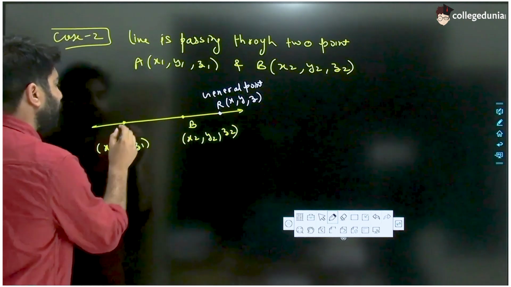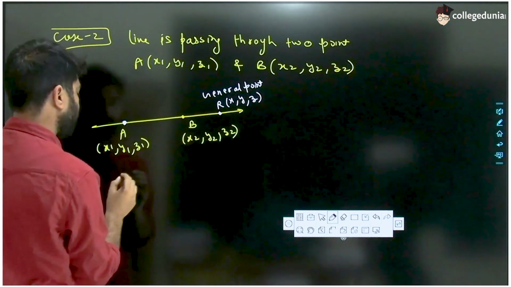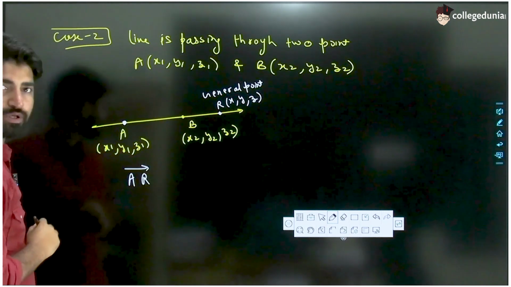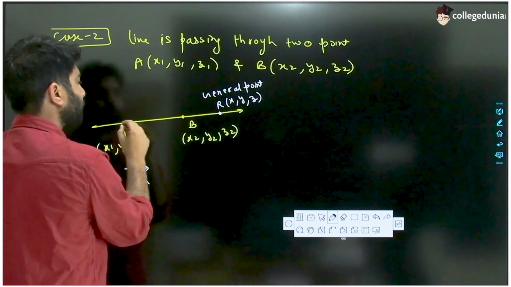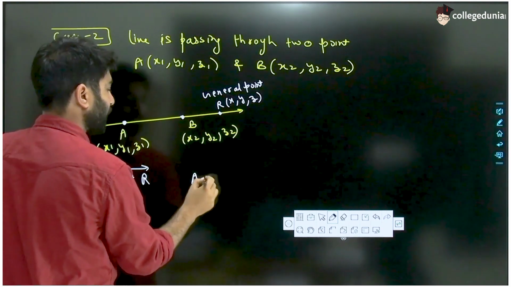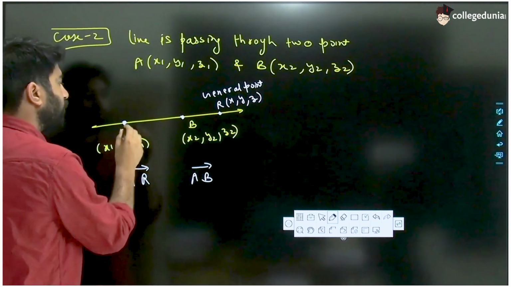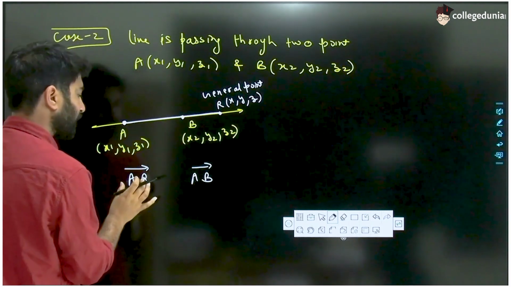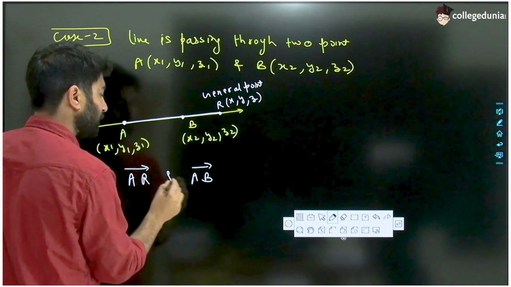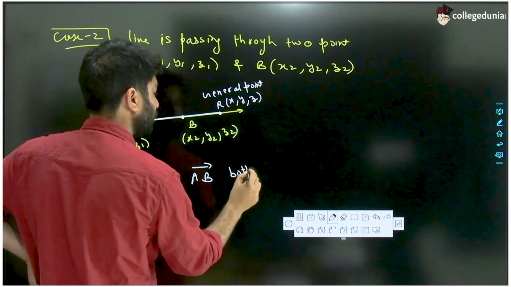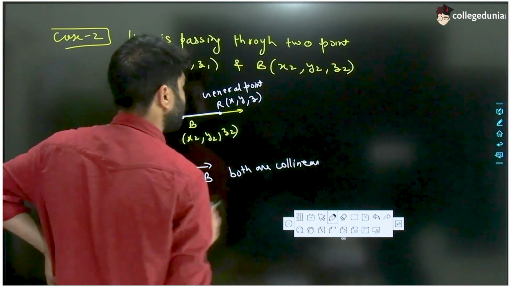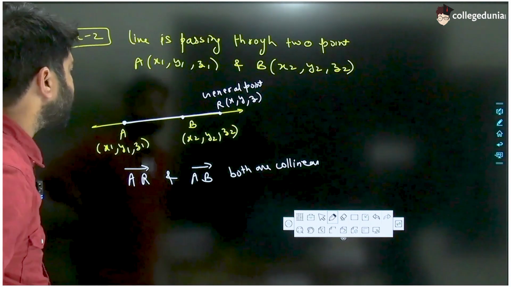So if we join point A with point R, we will have the vector AR. If I join A with B, I will have the vector AB. So vector AR and vector AB both are collinear. They both lie on the same straight line.